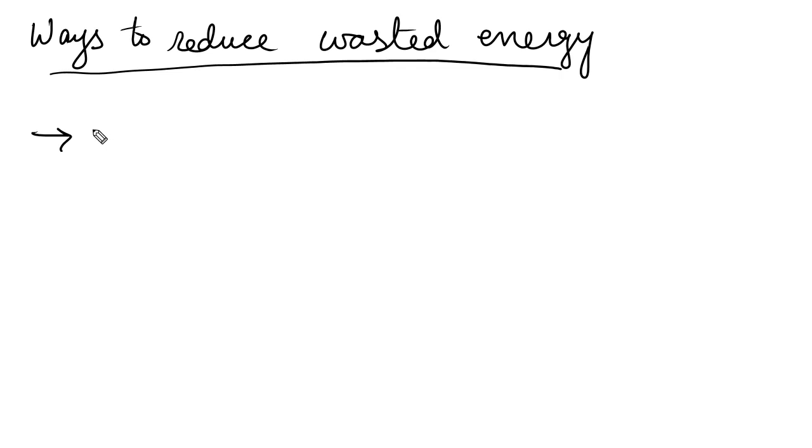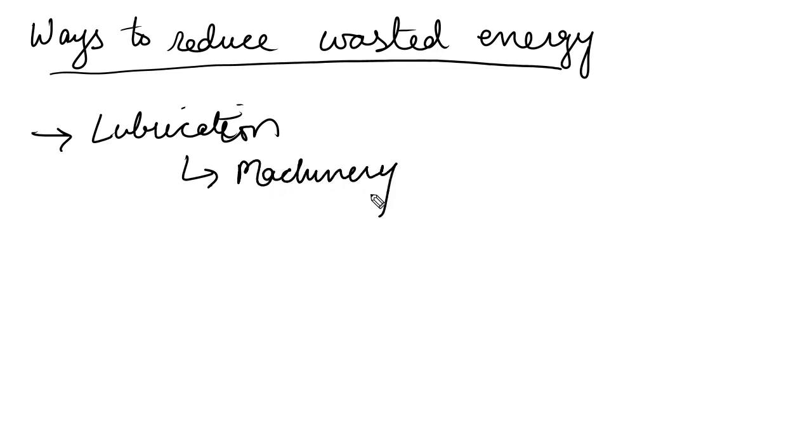So the number one thing that we can use to reduce the wasted energy is lubrication. We should lubricate all the parts of the machinery that rub against each other. This lubrication can be done in any machinery, like in a factory, in motors, in the engine of the car.